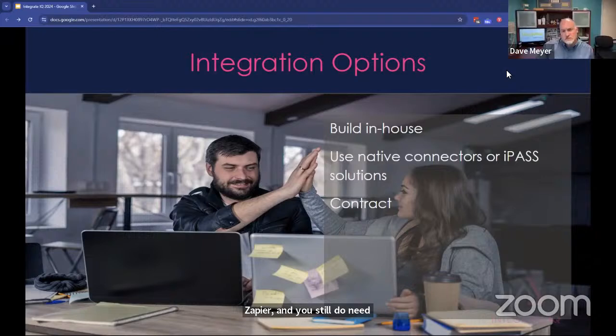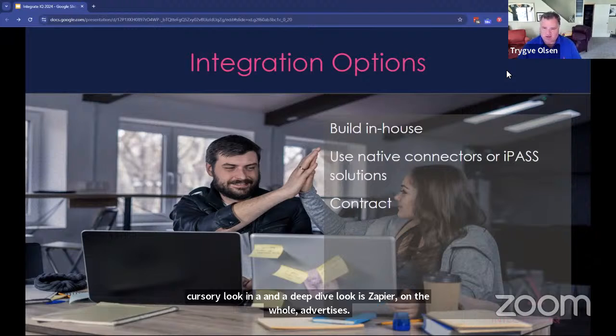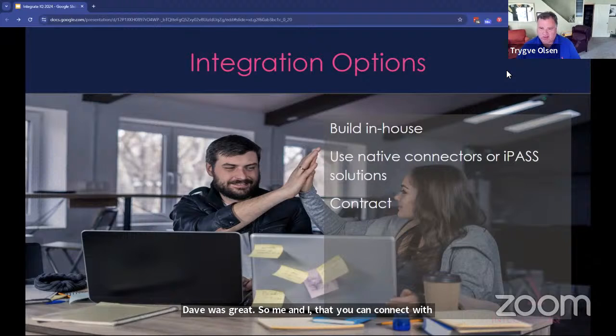Sure. The other thing, and this is the difference between a cursory look and a deep dive look, is Zapier on the whole advertises as being this great Swiss Army knife that you can connect with just about everything. And by and large, I think that's true. But as you get deeper into it, what Zapier can do for you is two things.